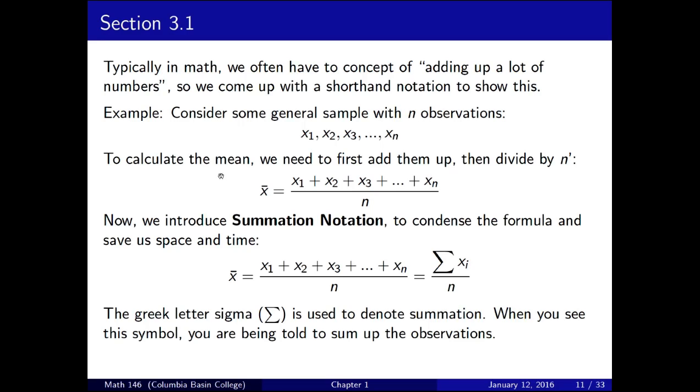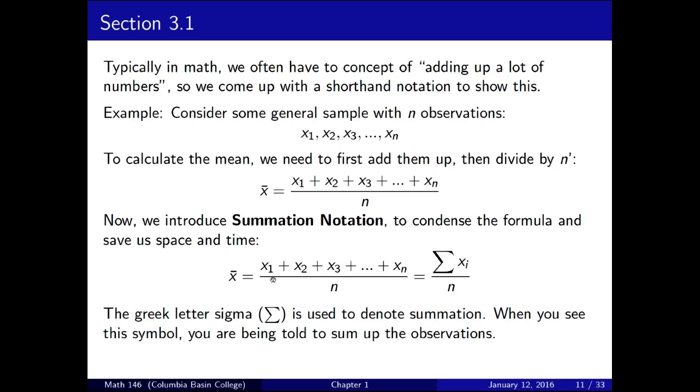So if we were going to calculate the mean, first we would add them up, right? So x bar, remember that's the symbol for sample mean. We would add all our observations, the first, the second, and the third, all the way up to the nth, and then we would divide by the number of observations, which would be n. So what we use is this concept of summation notation to quickly show addition.